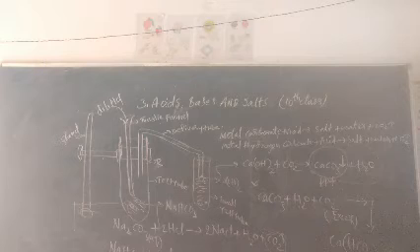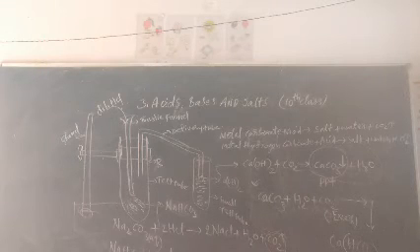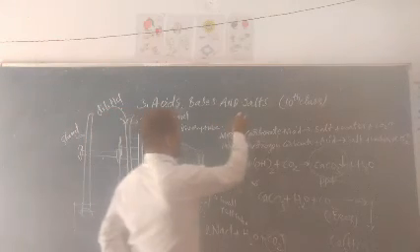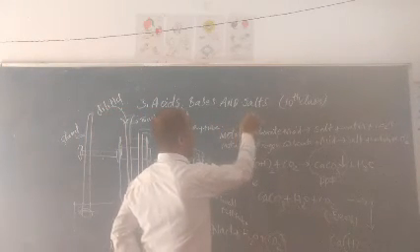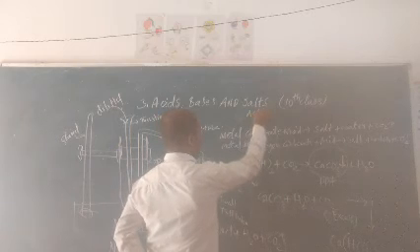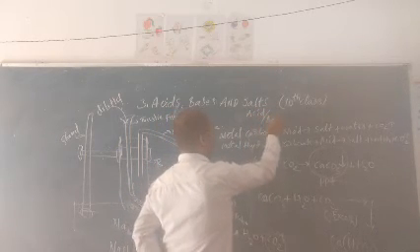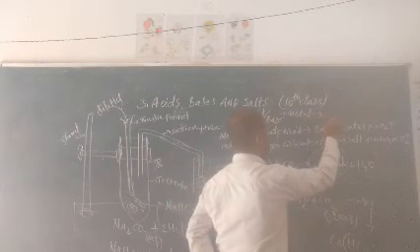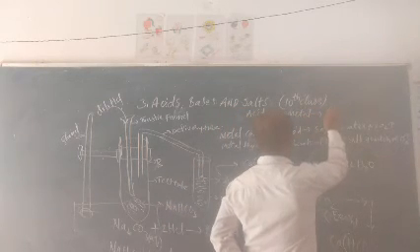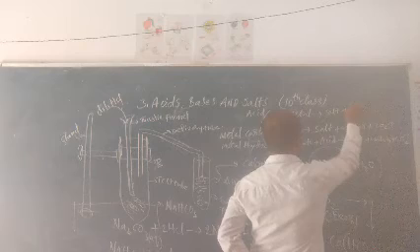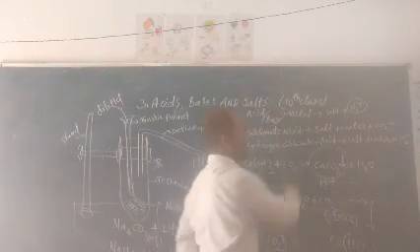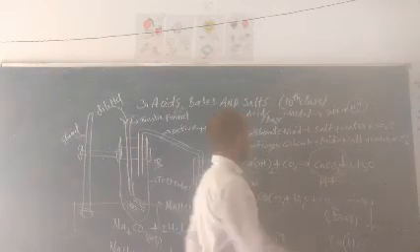So, what we are going to say in the activities: reaction of acid or base with metal produces salt and hydrogen gas. Acid or base reacting with metal produces hydrogen gas.